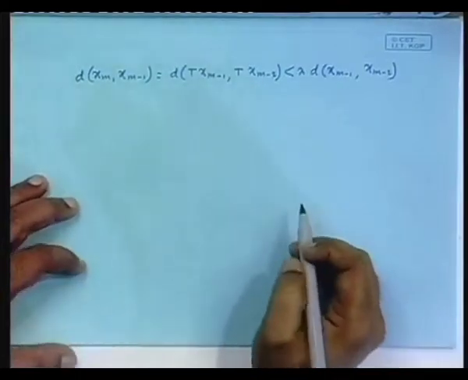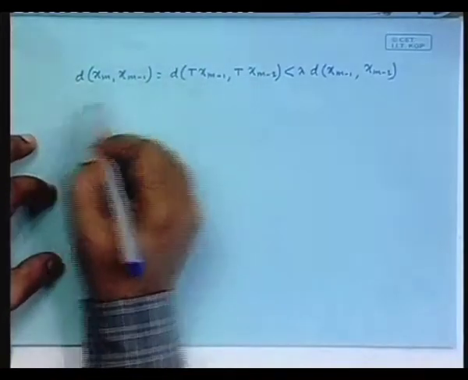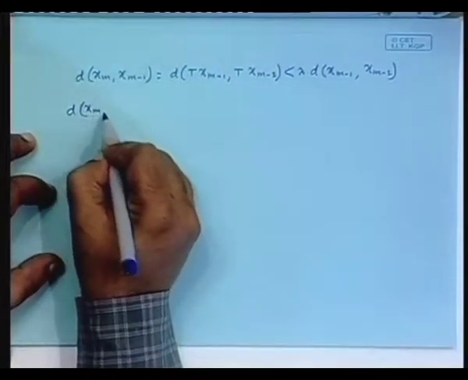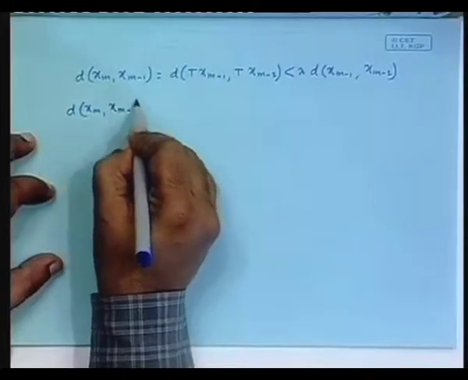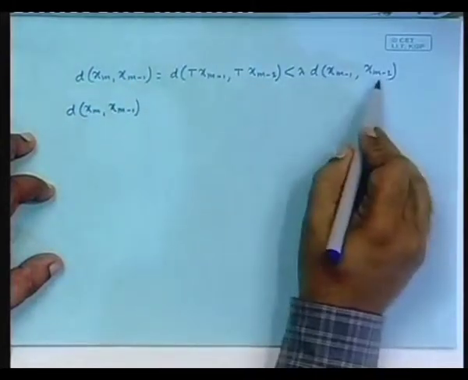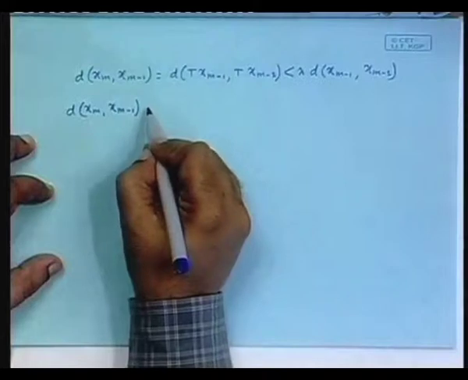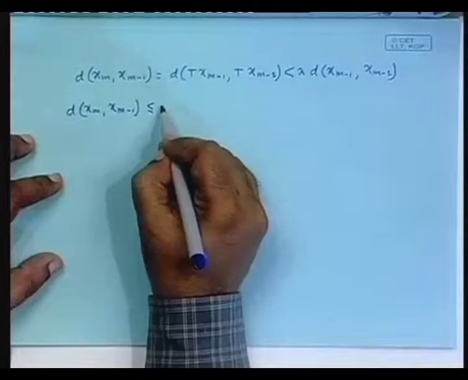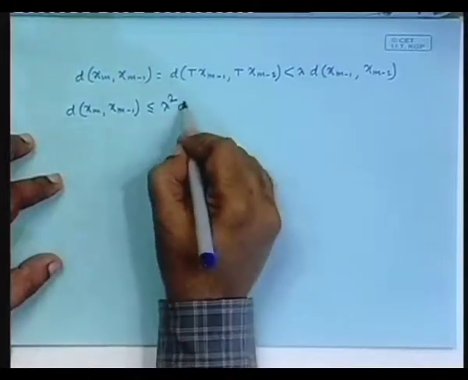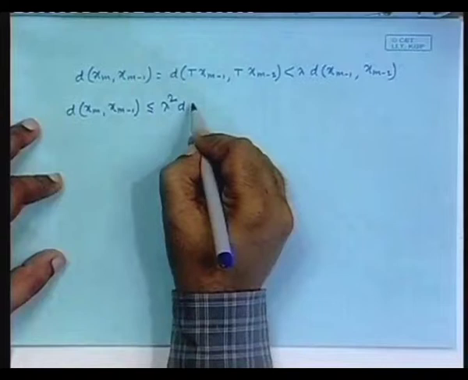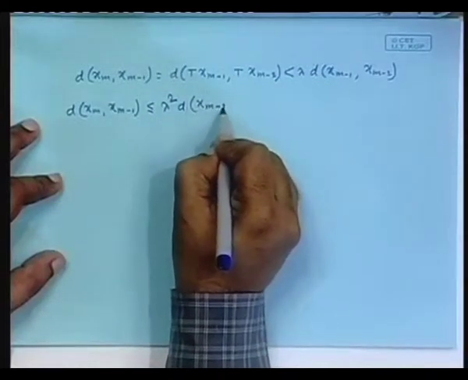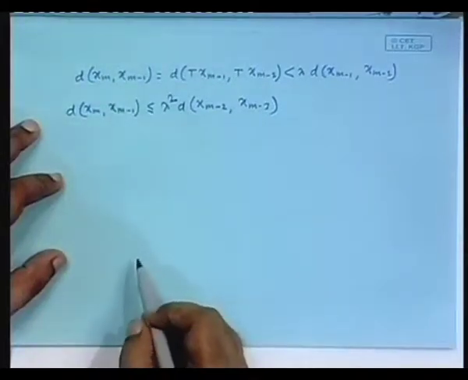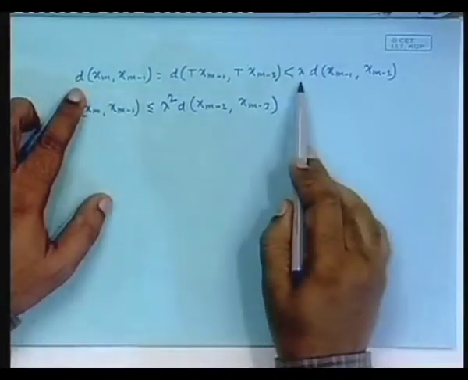Similarly, proceeding the same way, we can write d of x m minus 1, already we have obtained this, is less than or equal to lambda square times d of x m minus 2 and x m minus 3. So, this is less than this.